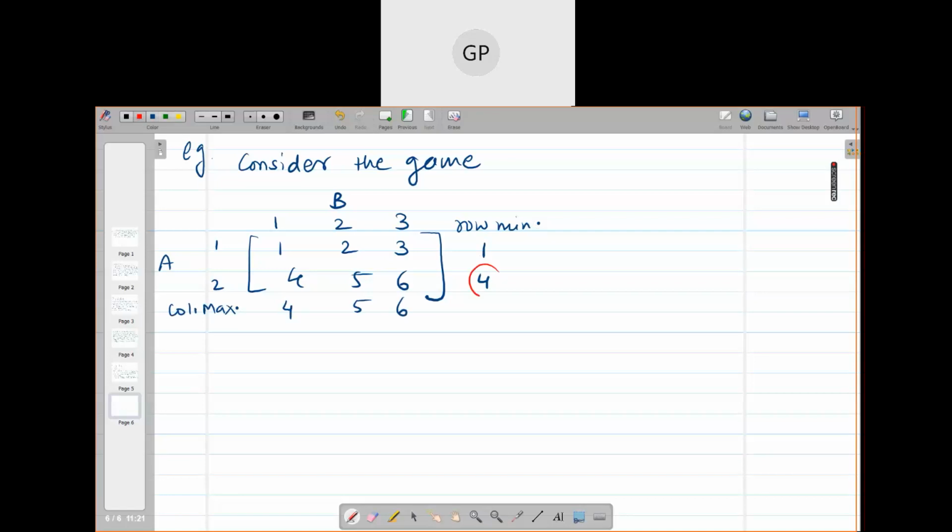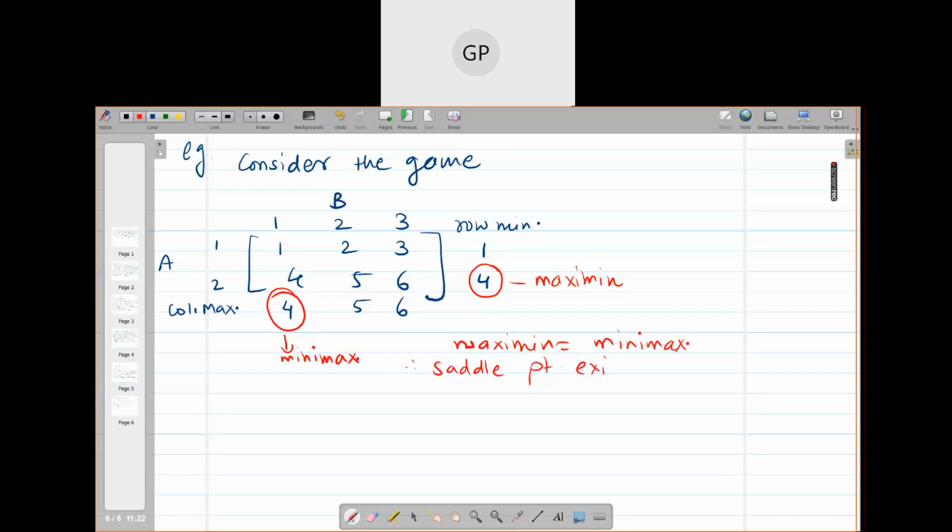And 4 is the maximin, and 4 is the minimax, right? 4 is the value of the game, sorry, not 1. So maximin is equal to minimax. Therefore, saddle point exists at (2, 1) and value of the game is 4. Correct? Have you understood it?